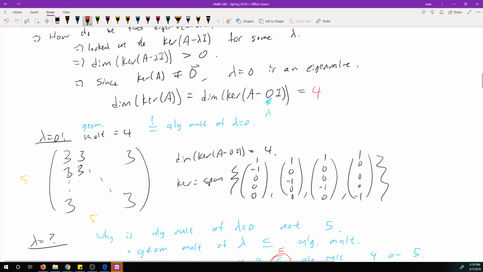If we do the dot product, 3, 3, 3, 3 times this, you get 3 minus 3, and then everything else is 0. So you get 0, which is what an eigenvector needs to satisfy. The same thing holds for every other vector that I wrote in the span. If I did write these as negative 1 up here, then all these would have to be positive. They're the same vectors, just multiplied by negative 1. So the kernel that I have in red also works. But I'm going to remove that.